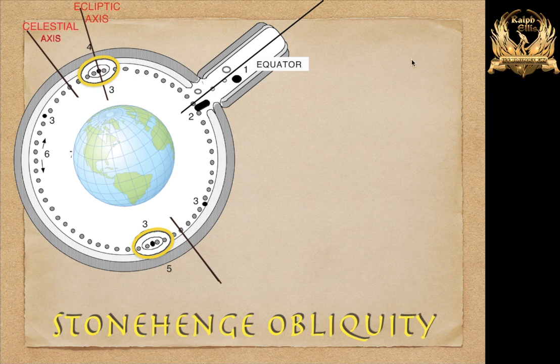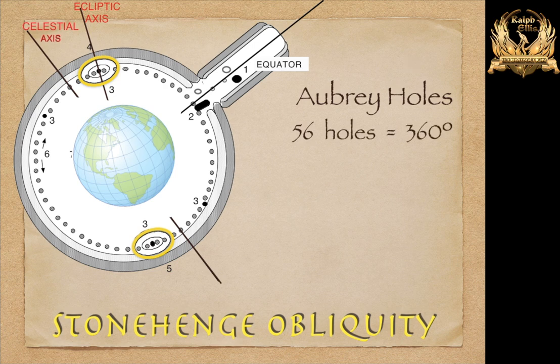And I think that the designer of Stonehenge has left a calculator to exactly calculate how big these circles should be. And we know these as being the Aubrey holes. And there are 56 holes around the perimeter of Stonehenge.